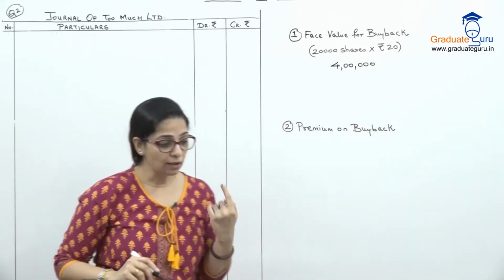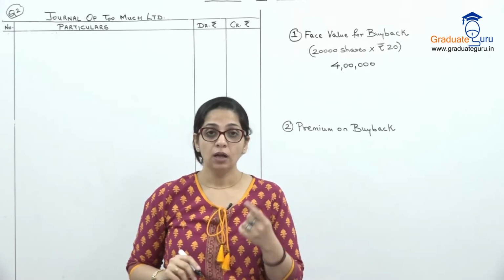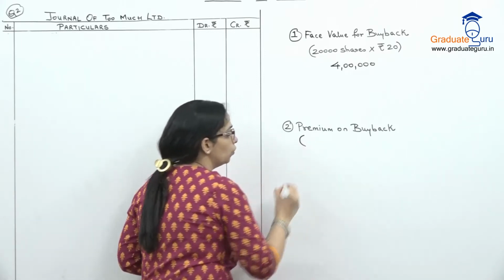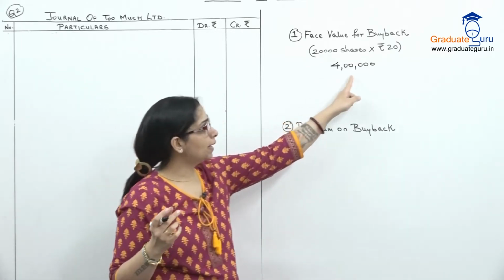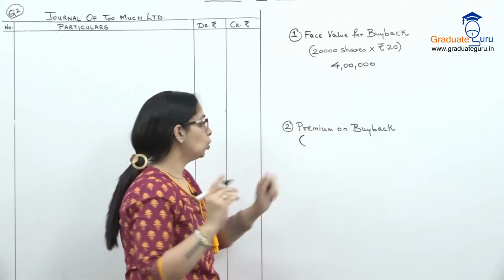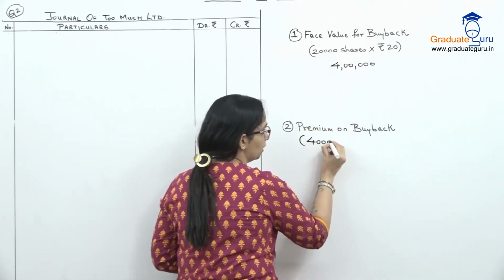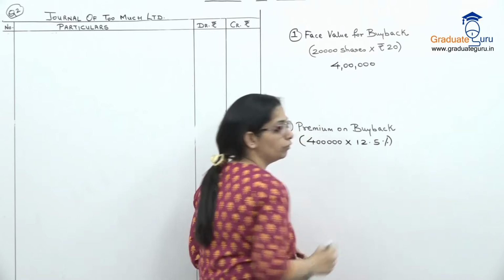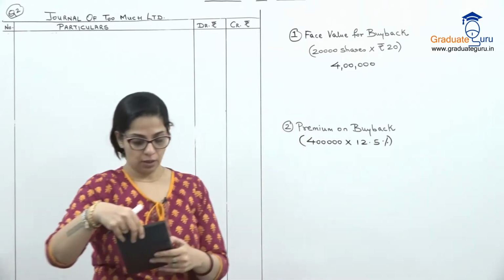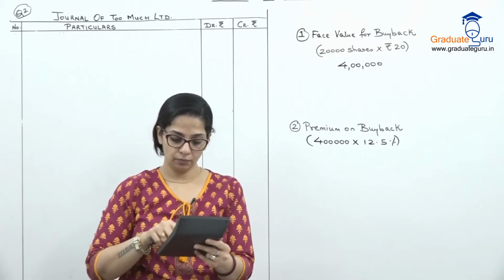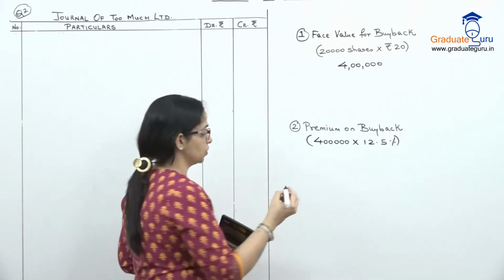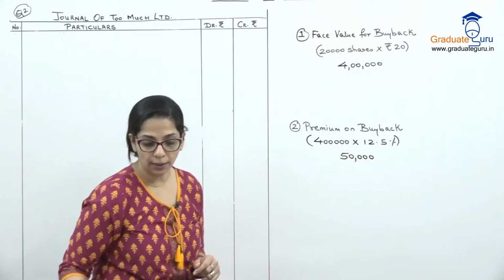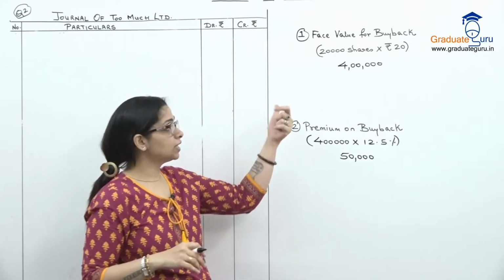Okay, and they have said that it is going to be bought back at premium of 12.5%. So when percentage is given to us, जो हमारा फेस वैल्यू पूरा अमाउंट है उसके ऊपर हम कैलकुलेट कर लेंगे. सो 4 लाख इंटू 12.5%. Let's calculate that. 50,000. So that is my premium. Okay. Now from where will I get my face value and my premium?